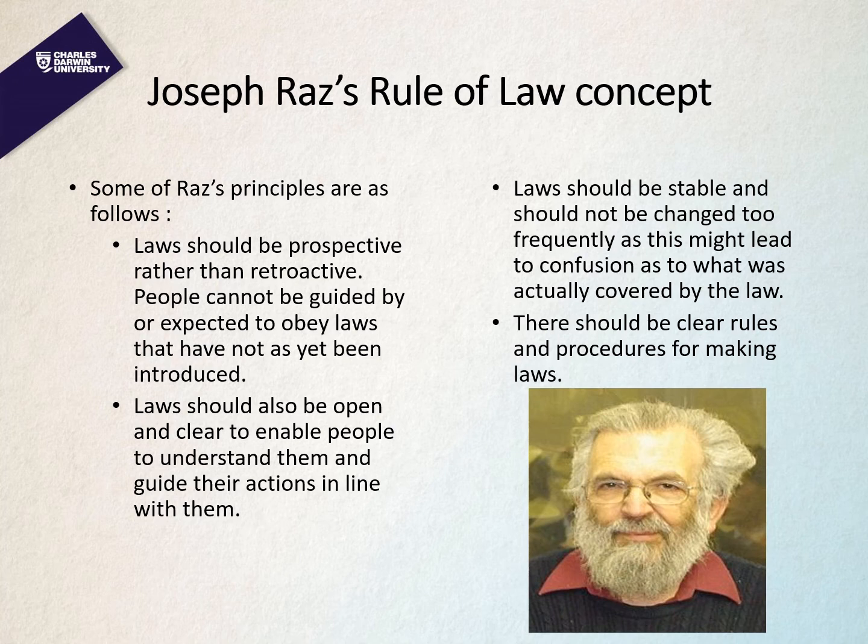Some of Raz's rule of law principles are: laws should be prospective rather than retroactive. People cannot be guided by or expected to obey laws that have not as yet been introduced when they broke them. Now, that having been said, the High Court has repeatedly found, most notably in a case called Poljakovic, that the principle of non-retrospectivity of laws is not constitutionally guaranteed in Australia.